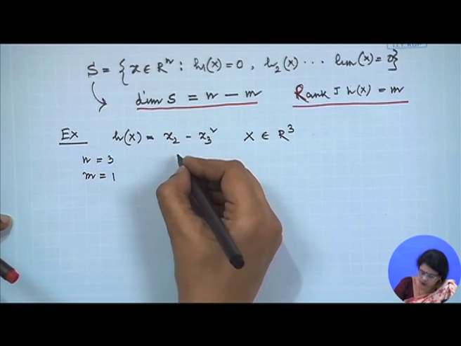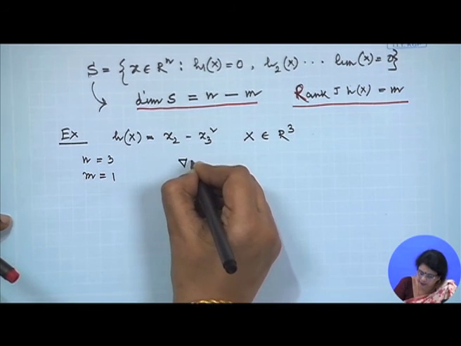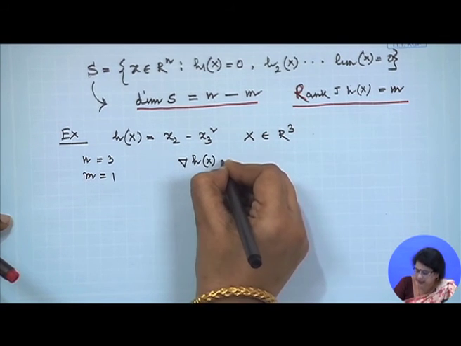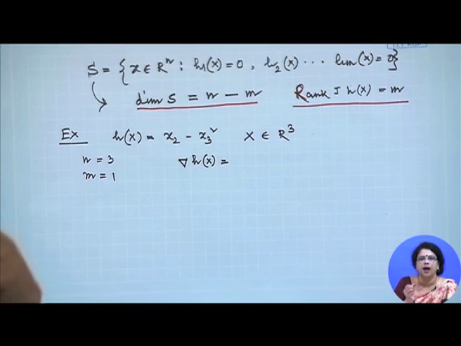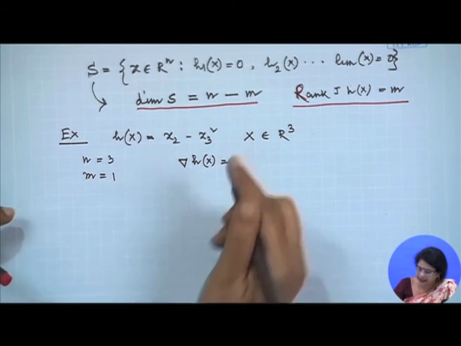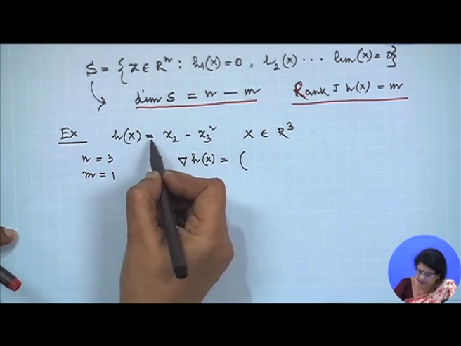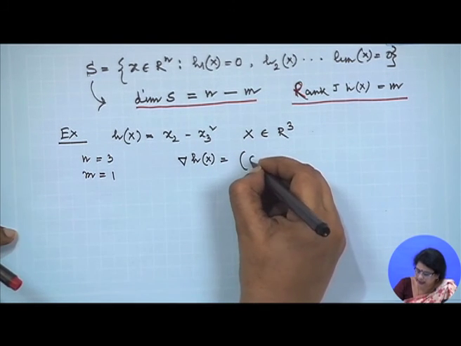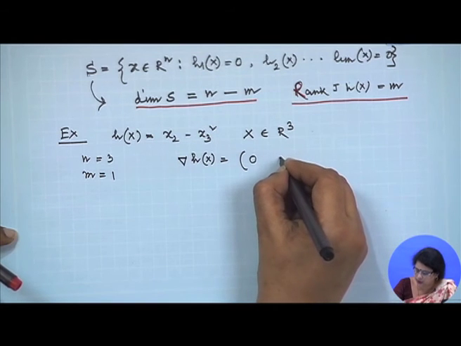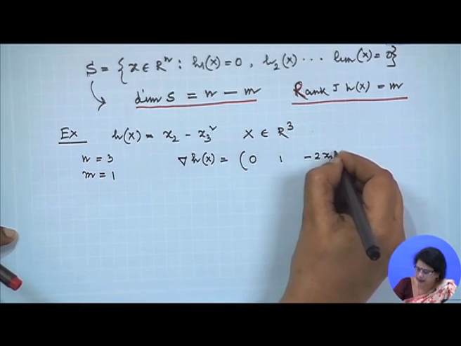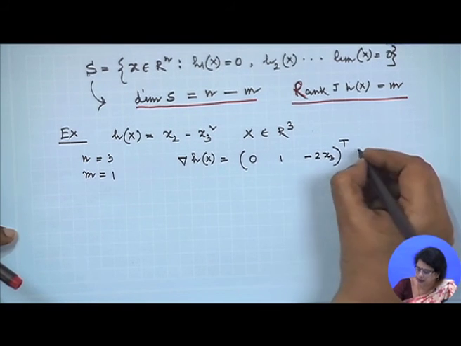Now, if we find the Jacobian of H(x), since there is only 1 constraint, we will get a column vector. With respect to x1 it is 0, with respect to x2 it is 1, with respect to x3 it is minus 2 x3. This we are getting.